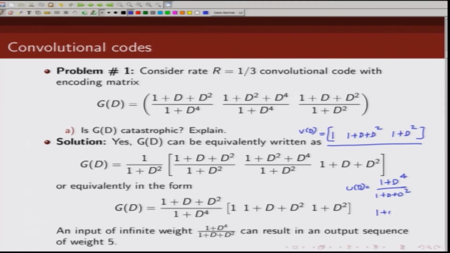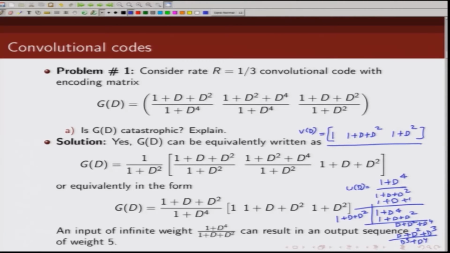Dividing 1 plus D4 by 1 plus D square, we get D plus D square plus D4, then plus D, so this will be D plus D square plus D cube, and then D cube plus D4.